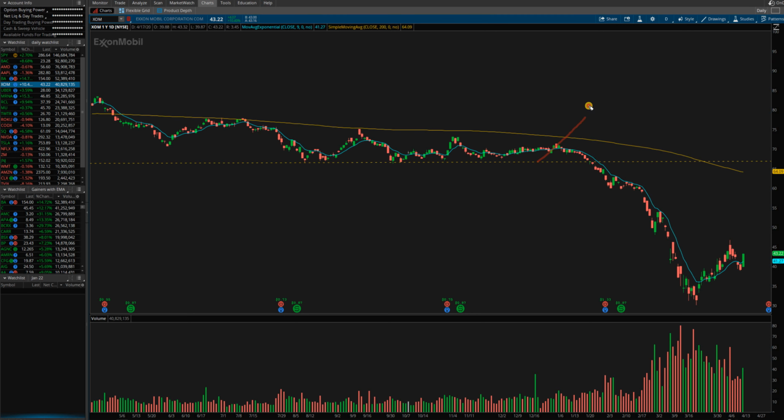It could have just gone up from the support area, tested multiple times, but once it broke here, all hell broke loose. So if you were holding the stock somewhere around this area, you knew as long as the support is holding, you are good. So you can have your stop loss right below here and not be stuck in this huge downtrend.